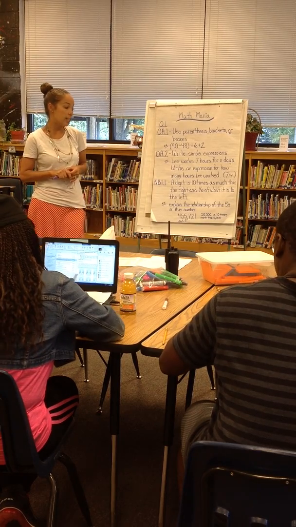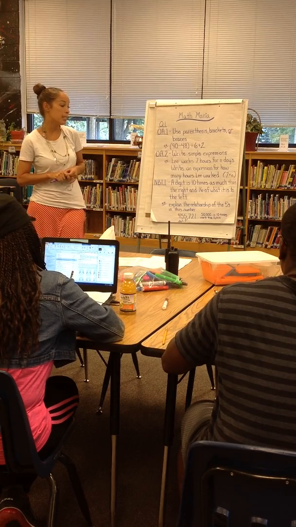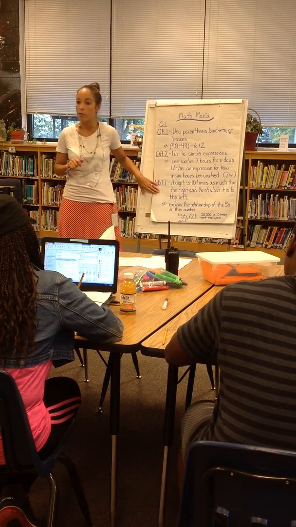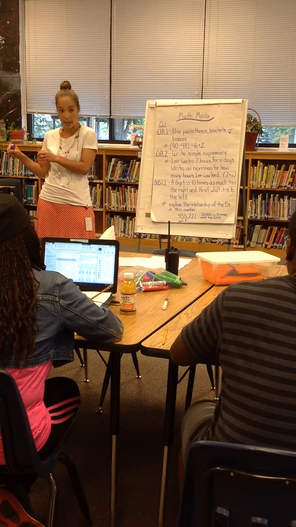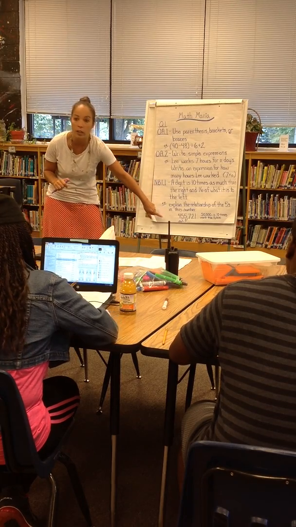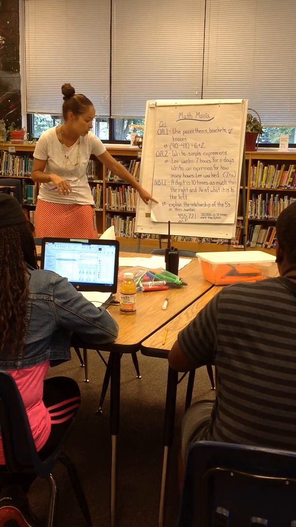NBT 1. A digit is 10 times as much to the right and 1/10 of what it is to the left. Now, they've done this in 4th grade. They did the 10 times as much place value all the way to the thousands place. But now what they're adding on is their decimal points, okay? Because they didn't do that in 4th grade. So here's an example.